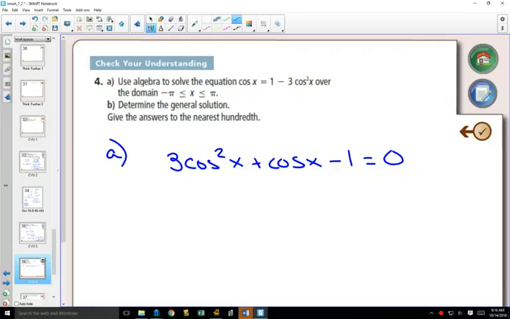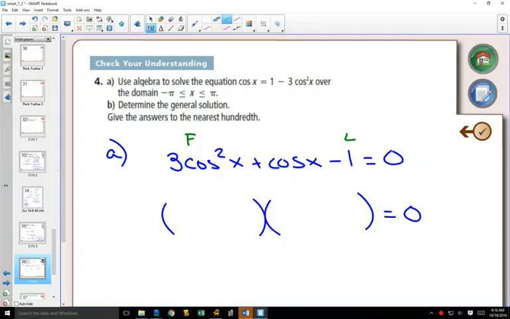The next thing I would do is try to factor it. This is not a hard one to factor if it were factorable, because if it can be factored, the first terms have to multiply to be 3 cos squared x, and the last terms have to multiply to be 1. Since those are both prime numbers, this makes it the easiest one to factor if it's possible.